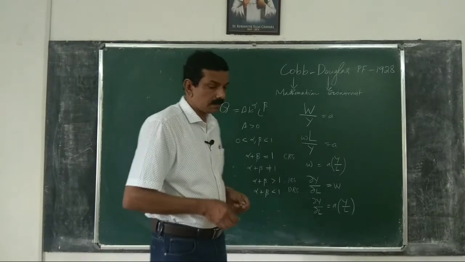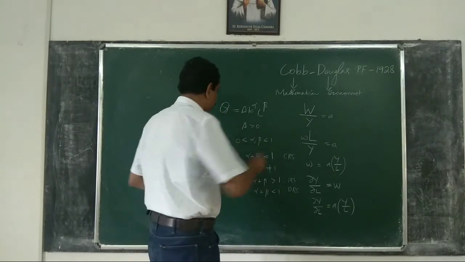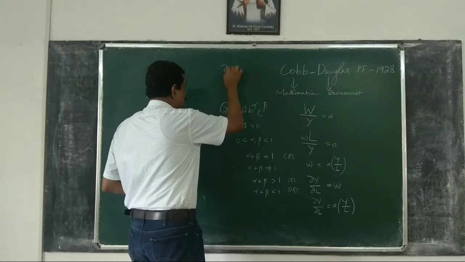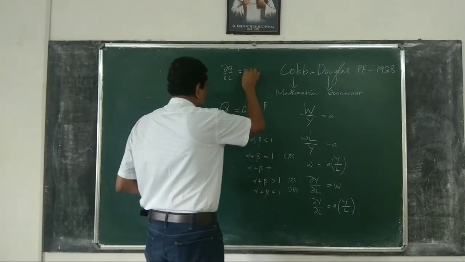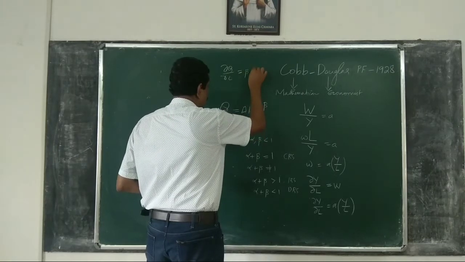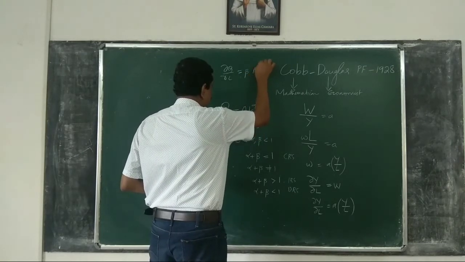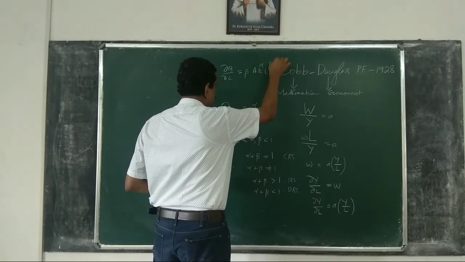Now, if you differentiate this with respect to L, dou Q by dou L is equal to beta A K raised to alpha L raised to beta minus 1.